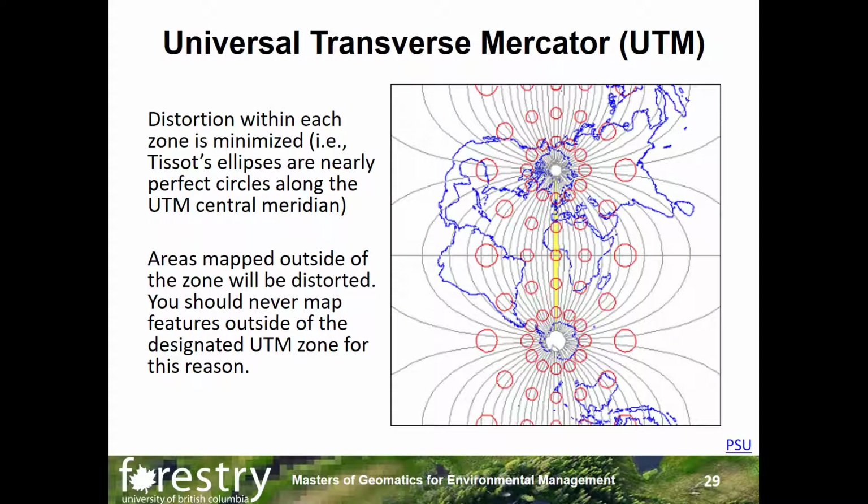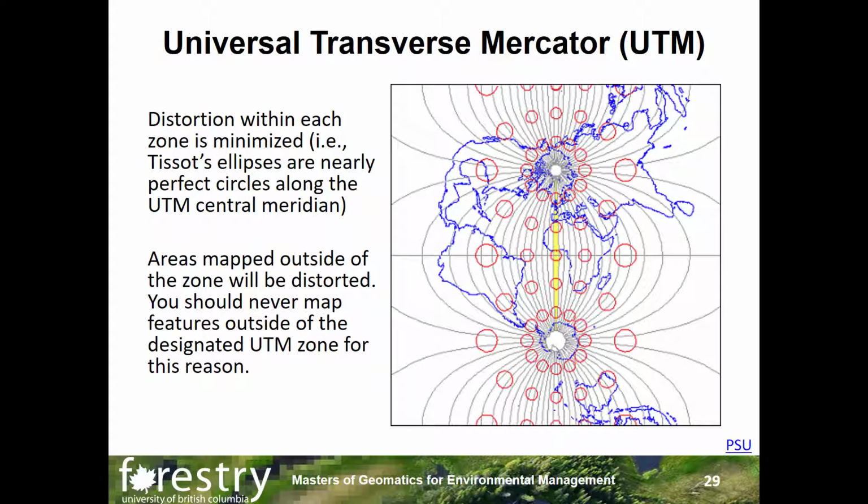Here's another example of a UTM zone that's being highlighted in yellow that runs through Europe, showing the Tissot's indicatrices if we map the rest of the world using the projection for this UTM zone. It's kind of confusing, but remember that each UTM zone is a different map projection representing a different slice of Earth, a different range of 6 degrees of longitude, and with a different central meridian.